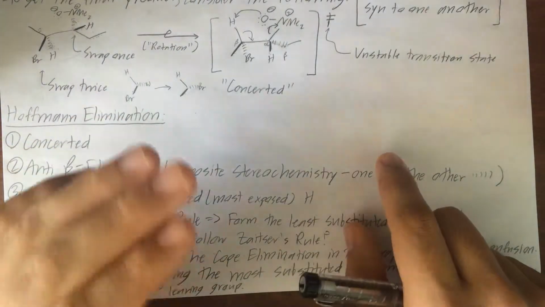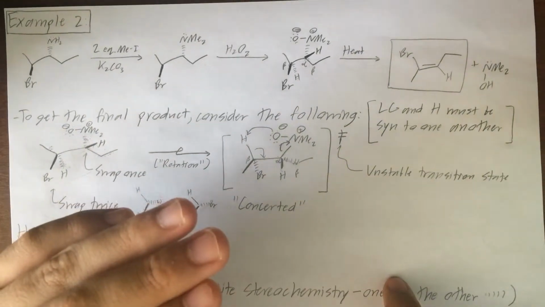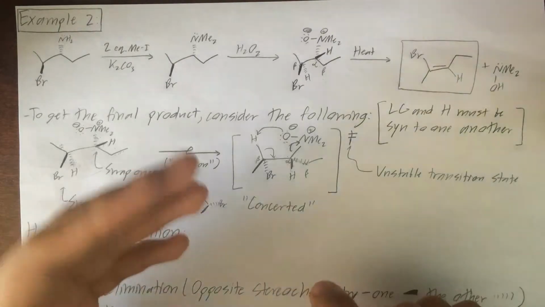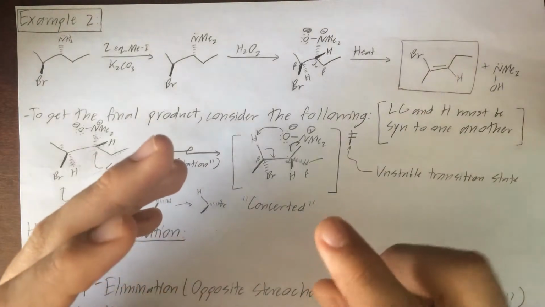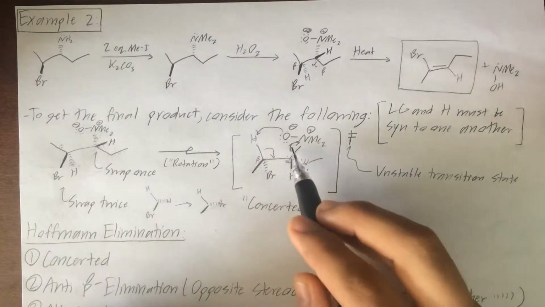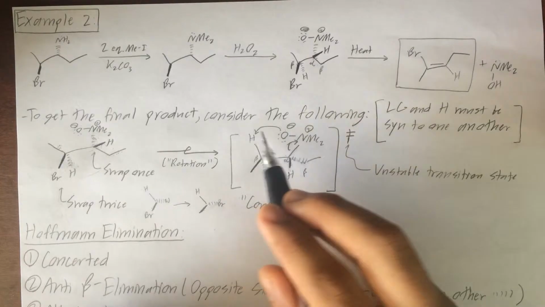Now let's just briefly go back to the second example I covered in the previous video for Cope elimination. Let's say we had this molecule and we were dealing with an anti-beta elimination. That would make it a lot more difficult and subjective, because do we make this group stick into the page or out of the page, or do we make this group stick into or out of the page?